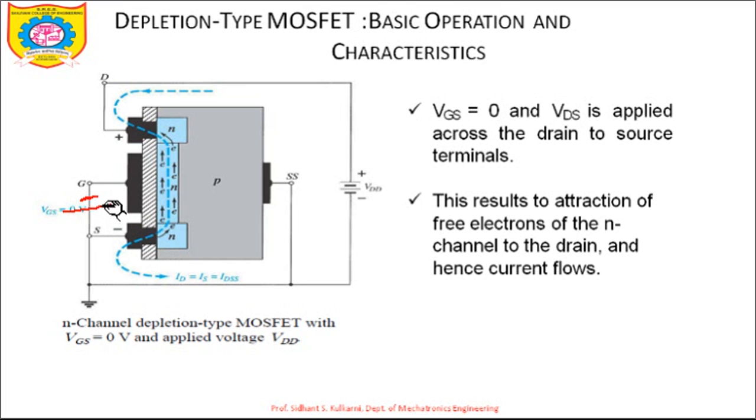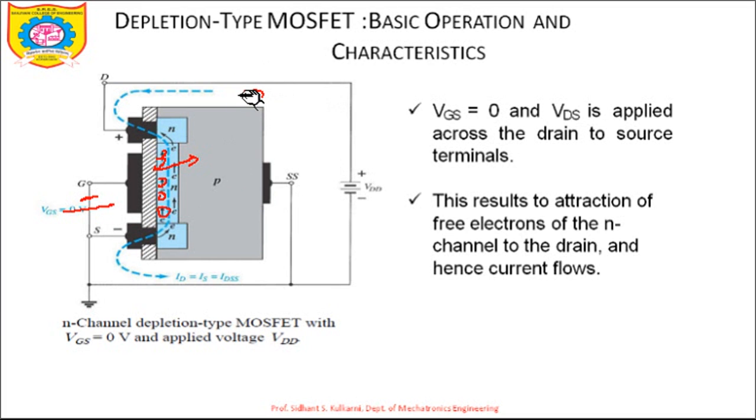If the gate to source junction is reverse biased, the electrons here are repelled towards the substrate. As electrons are repelled towards the substrate, the holes occupy their places. As holes occupy their places, the electrons which were earlier flowing from source to drain without any interruption will now reach these holes, which will oppose this natural flow of electrons, and we say that ID is reduced.